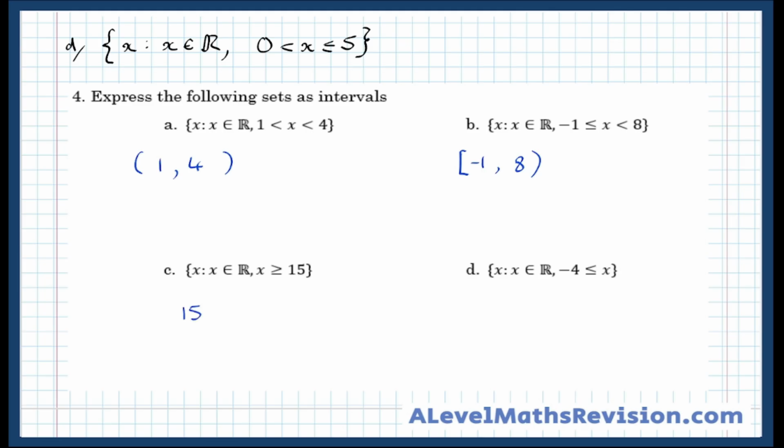And it has no upper bound. So we're going to write infinity there. And the lower bound, we can see, is a non-strict inequality. So it's a square bracket. And infinity, nothing can ever equal infinity. So it's always going to be strict when there's an infinity on the upper bound, or the lower bound for that matter.